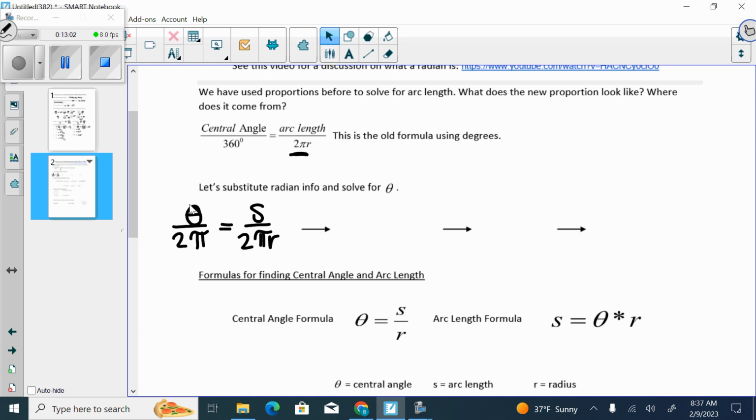Okay. So if I was to multiply here, then basically we're going to cross multiply here. I'm going to have my theta times 2 pi r, right? Is equal to, when I cross multiply this direction, I'll have s times 2 pi, right?